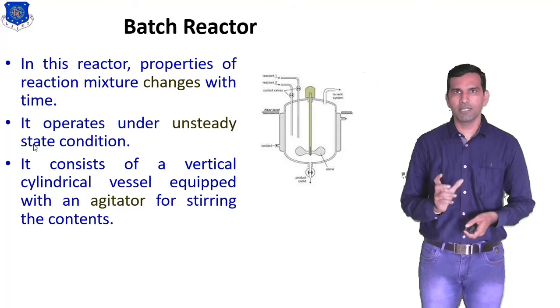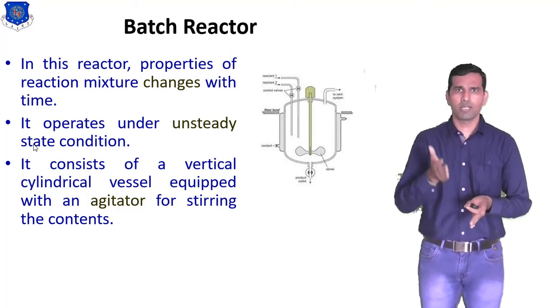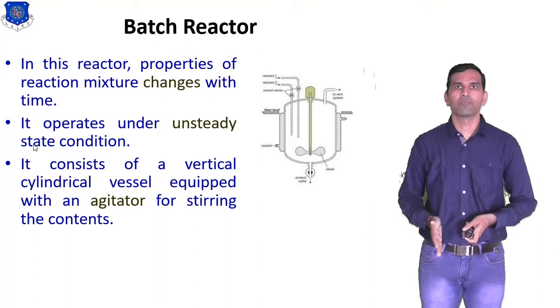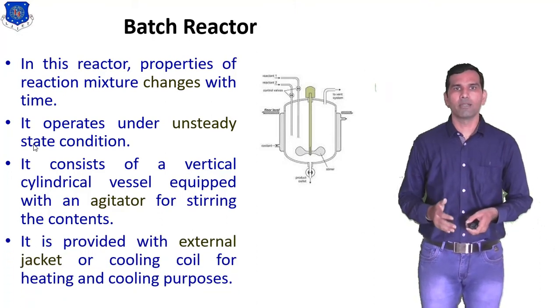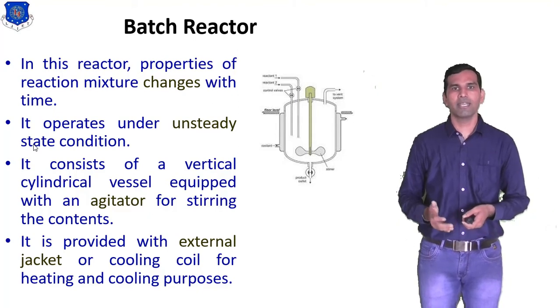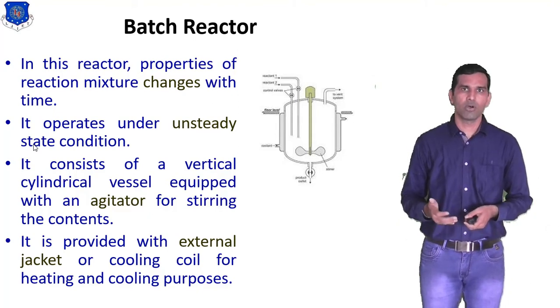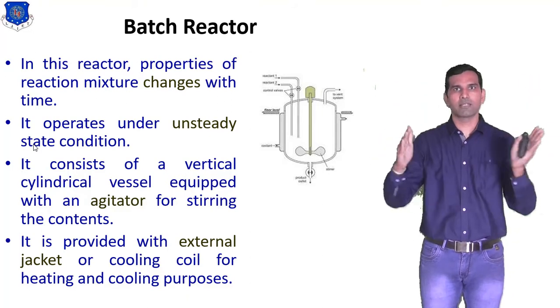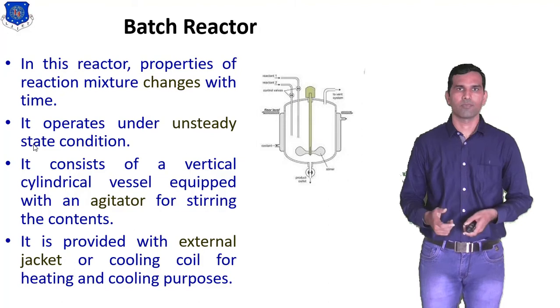That means the agitator is used for mixing purpose. You can see in the center, this is the agitator, and it is provided with an external jacket or cooling coil for heating and cooling purposes. So this reactor is also provided with a jacket surrounding it.